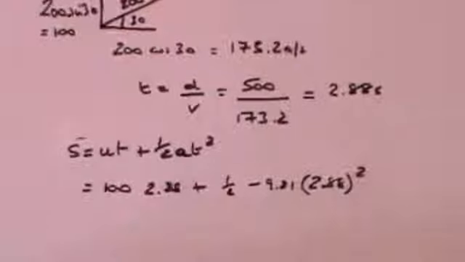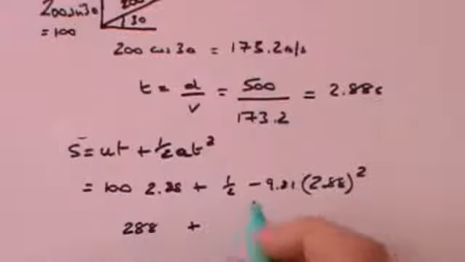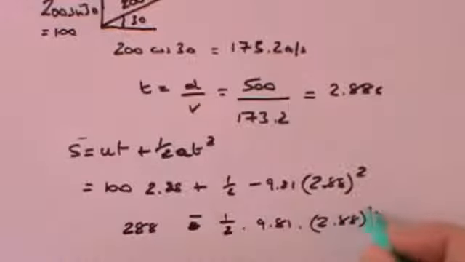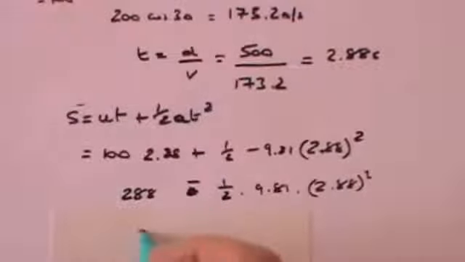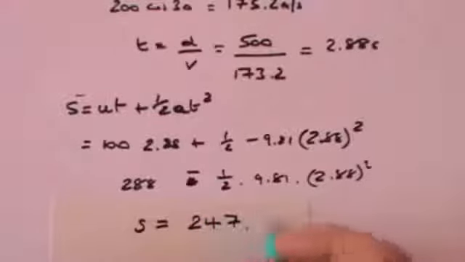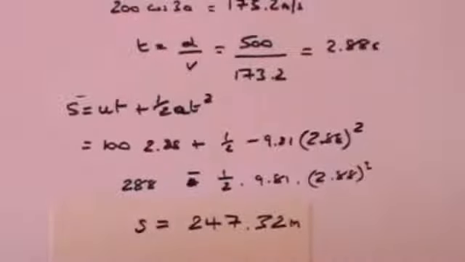And this here is going to be 288 minus a half times 9.81 times 2.88 squared. And that's going to give you that s, the height above the firing position, in other words, the total distance will be 247.32 metres. So that's the height that it reaches above the firing position up the wall.